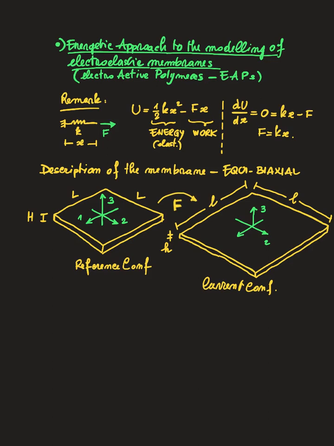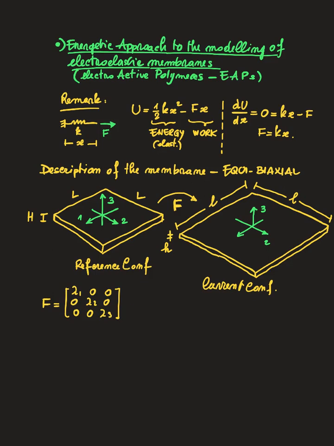So how is this capital F built? If I write it in this reference, it will be as follows: lambda 1, 0, 0; 0, lambda 2, 0; 0, 0, lambda 3.